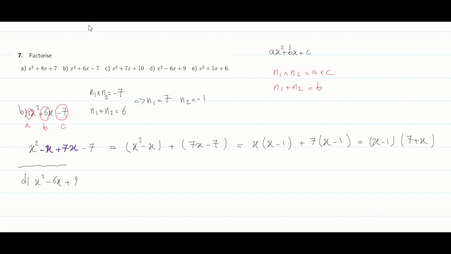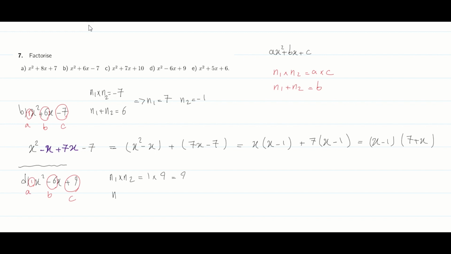Now, again, we have to find two numbers whose multiplication would be equal to 1 times 9, which would be equal to 9, because our a value in here is 1, our b value in here is negative 6, and our c value in here is plus 9. So a times c, which would be equal to 1 times 9, it would be equal to 9.